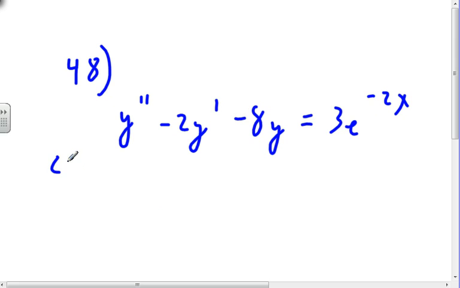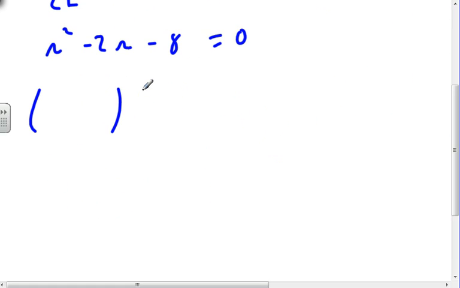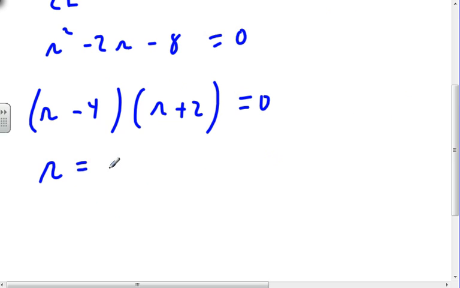Okay, so I have a characteristic equation of the homogeneous solution, r squared minus 2r minus 8 is 0. And I can factor that, r minus 4, r plus 2 is 0, and I can find that r is equal to minus 2 and 4.